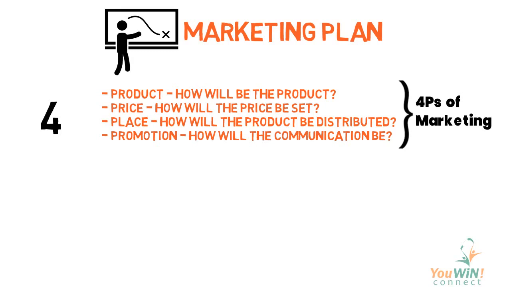We can talk about the packaging, the sizes, the different offerings that the product has, the price, how it will be distributed, where it can be sold, where it can be bought, and then how we intend to do promotions around it. The marketing plan helps to achieve the business objectives and communicate the competitive approach into specific activities.